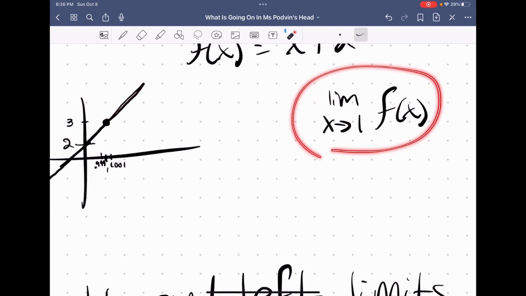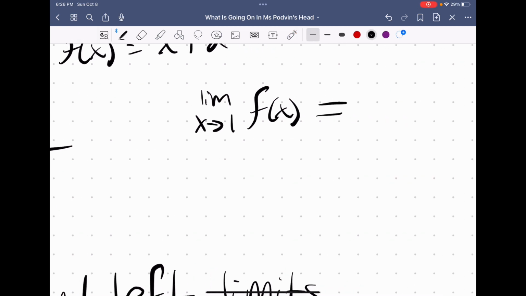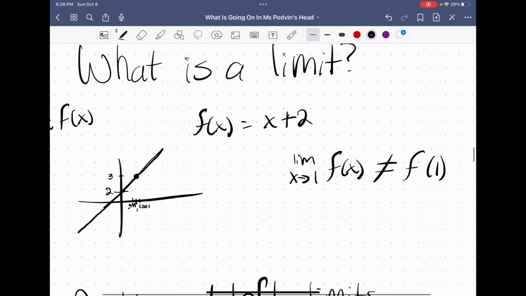But the important thing to note about this notation is that this is not the same as just plugging in f of 1. It's not always going to be the same. We are simply just looking at what y value it looks like our function is going towards, not what the actual y value is.